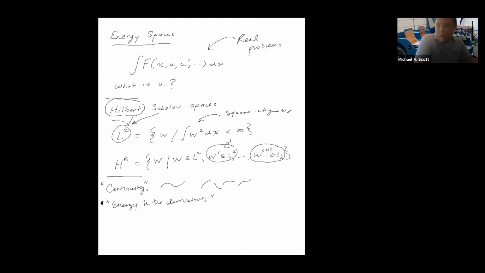It's in L2, which means that W prime, integrated, has to be less than infinity. And now all of a sudden, this idea of a derivative becomes much more general. We'll actually call these generalized derivatives.